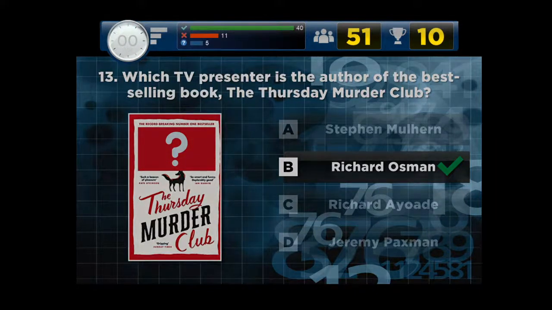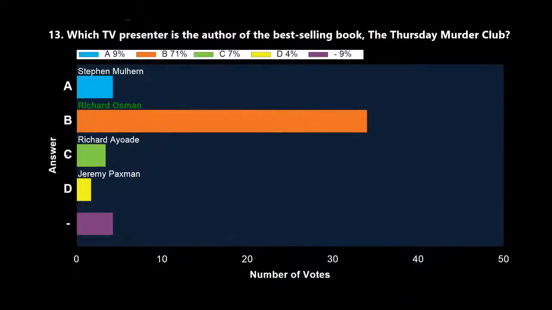So Richard Osman, who presents, of course, Richard Osman's House of Games, and also he's on the one that I can't remember, co-host with the guy who's on everything that's on BBC One, Pointless, of course. Yeah, Richard Osman is on that. So how many got Richard Osman right? 40.